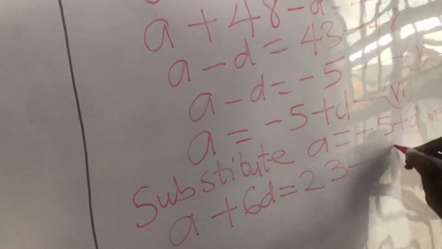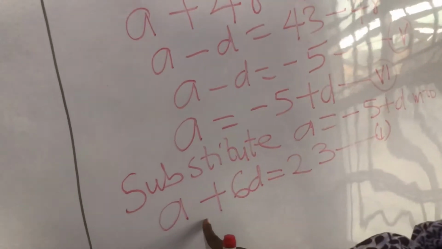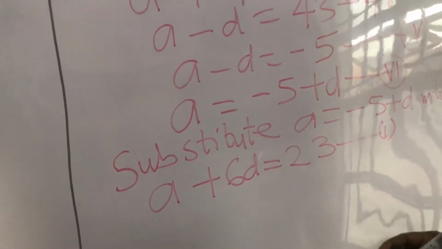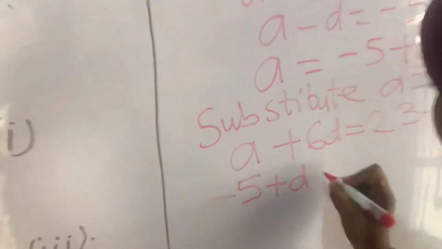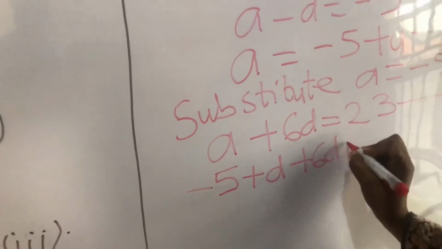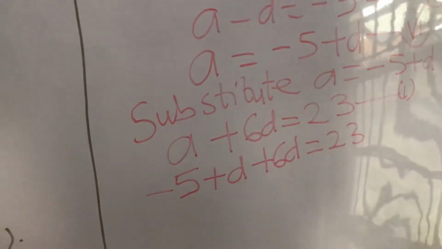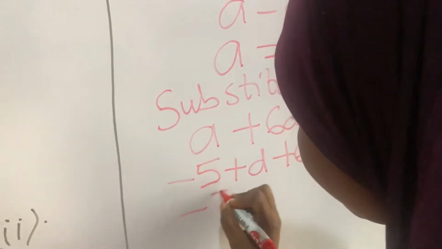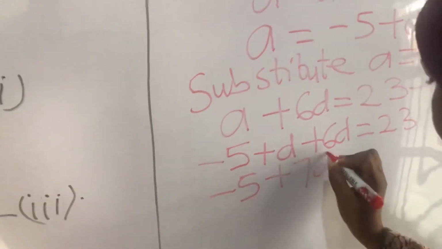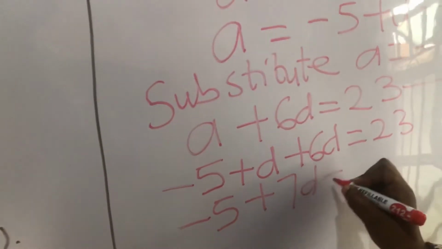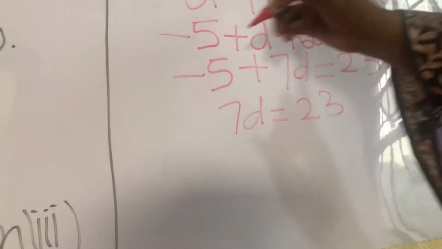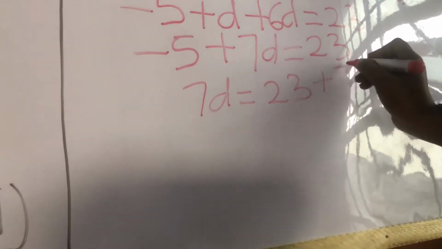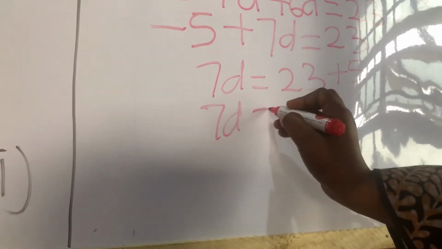So wherever we see A, we put minus 5 plus D. So minus 5 plus D plus 6D is equal to 23. Here we have minus 5 plus 7D, that is D plus 6D gives 7D, is equal to 23. So 7D is equal to 23; minus 5, if it goes out, becomes plus 5. So 7D is equal to 28.